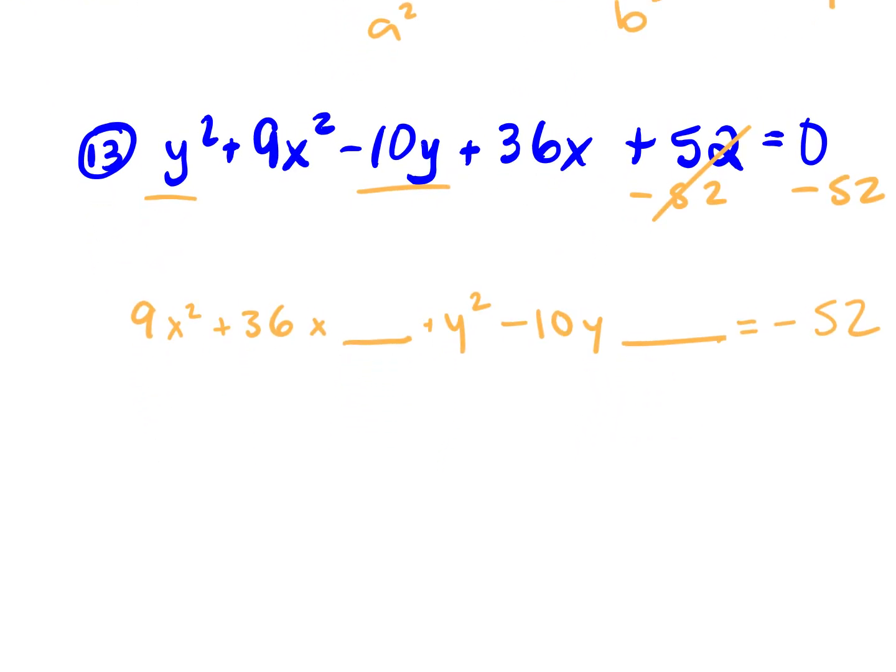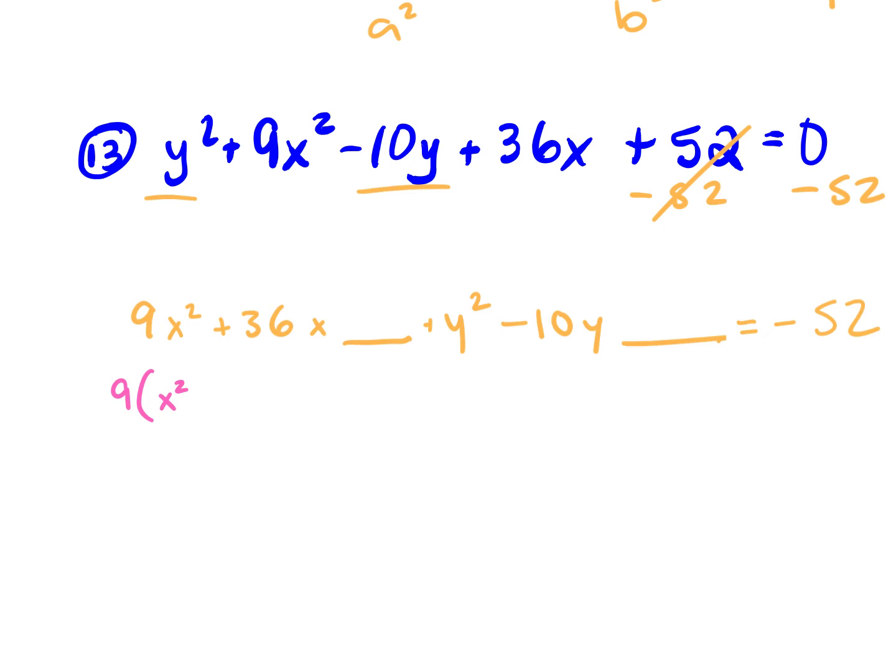All right, let's complete the square with our x's first. What do I have to do before I complete the square? Take out the 9. Since it's 9x squared, I have to divide both of the x terms by 9 because I need that x squared to have a coefficient of 1.